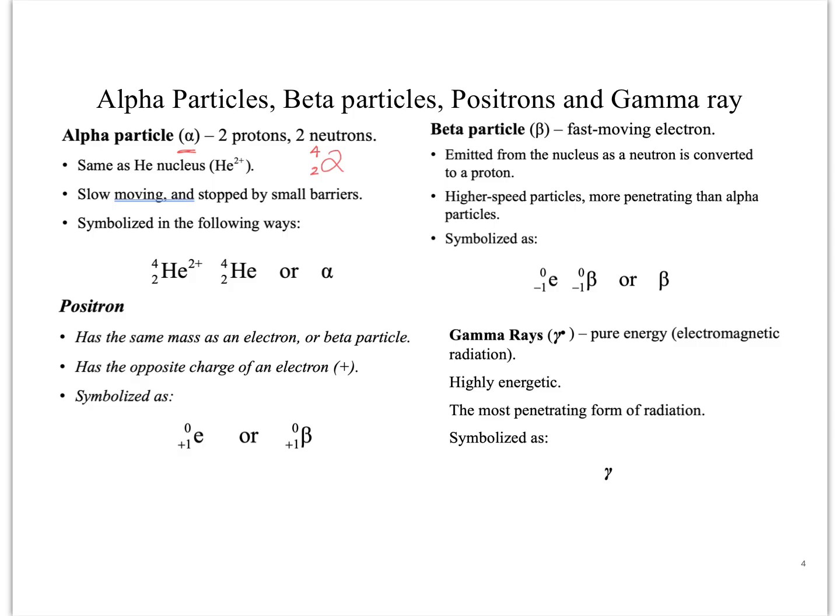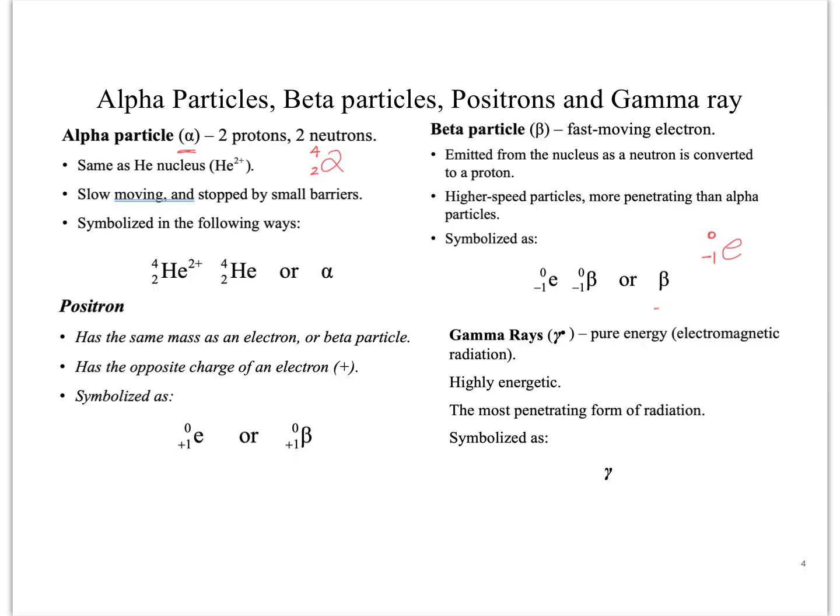Because it's just an electron, a lot of times people will write an e, and because the electron has a negative charge, negative 1, with the charge at the bottom left, and we know the electron is very, very tiny and light, so the mass is 0. So that is a beta particle. You can write beta, or beta with 0 and negative 1, or electron with 0 and negative 1.